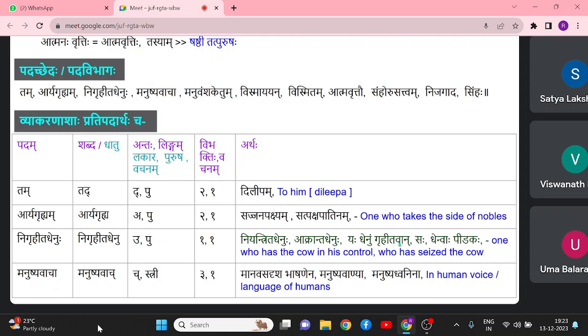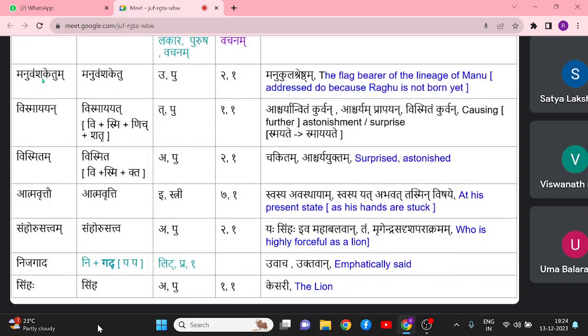Kaha Simha. Denva Pidakaha. Kaha Simha. Manushya Vacha Shabda, Manava Sadrisha Bhashanena. Manushya Dhvanina, in human voice, or you can say language also, because just voice is not enough. The language of humans, in a tone of humans.